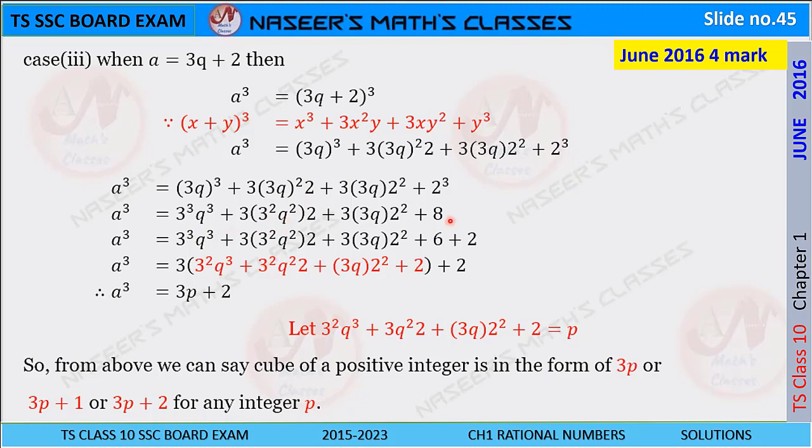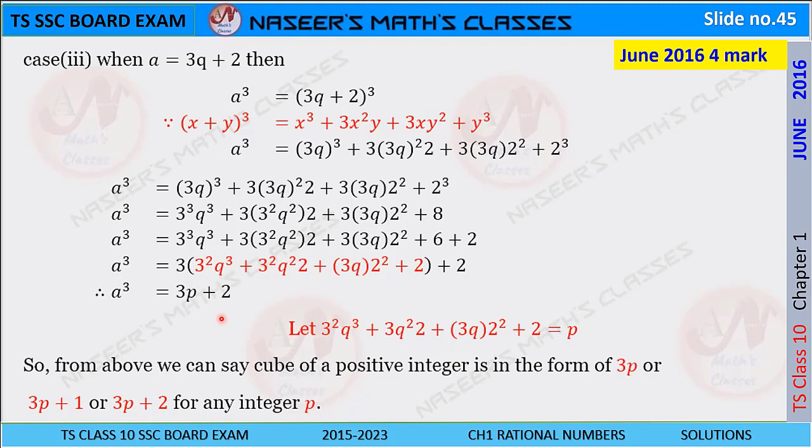To take 3 common, we write 8 as 6 plus 2. Then from these 4 terms we can take out 3 common. Then we can write 3 times of 3 square q cube plus 3 square q square 2 plus 3q times 2 square plus 2, and plus 2 remaining here.